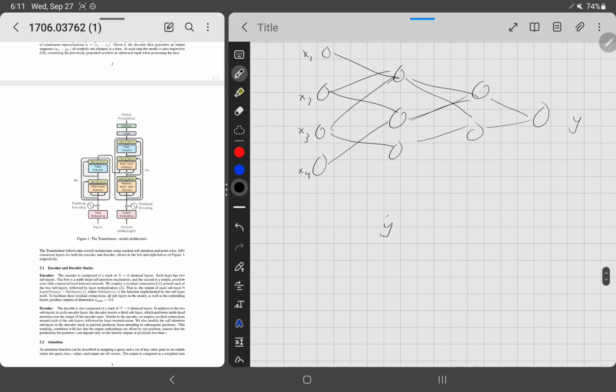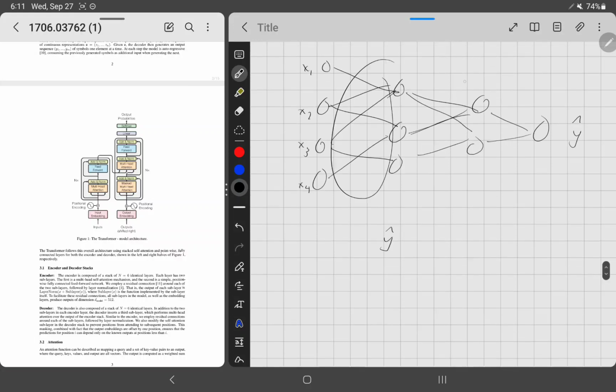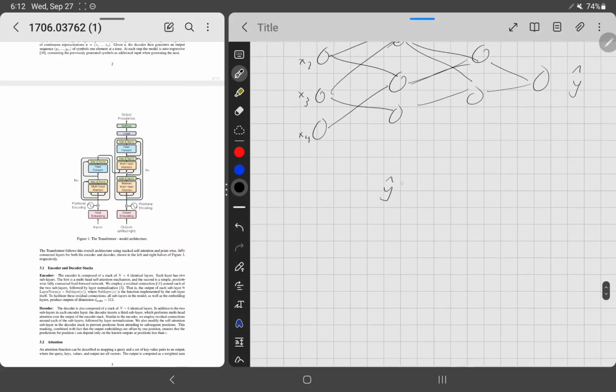Then your output y hat is your prediction, and you just do normal logistic regression on that. So all it is is matrix multiplication here, here, here. You pass that through a nonlinearity, and that gives you your output. But this only works for vectors, and that's kind of the problem. That's a really quick overview of how feed-forward networks work. Does that make sense? Okay, cool. So that's feed-forward.